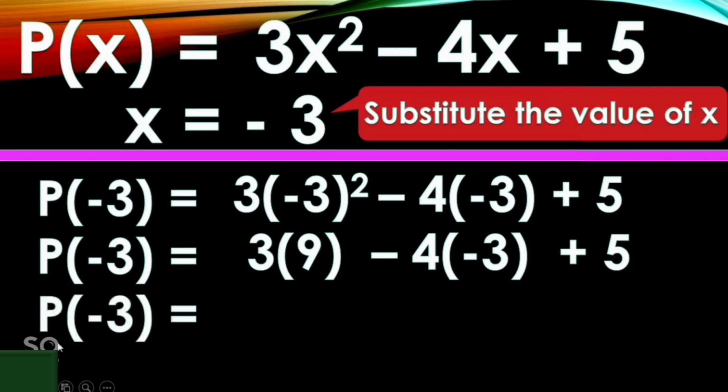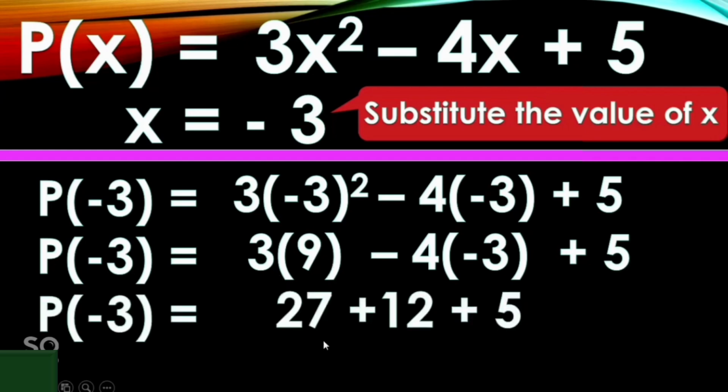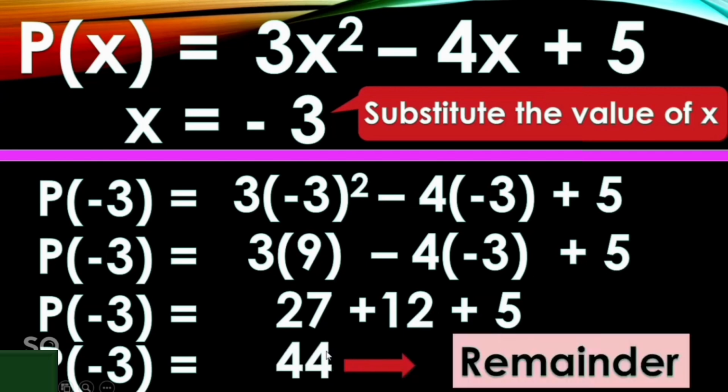Okay, next step, we have p of negative 3 equals 3 times 9 equals 27. Then negative 4 times negative 3 equals positive 12. Negative times negative is positive. Then plus 5. Okay, simplify. Then p of negative 3 is 27 plus 12 plus 5 equals 44. So, 44 is our remainder.